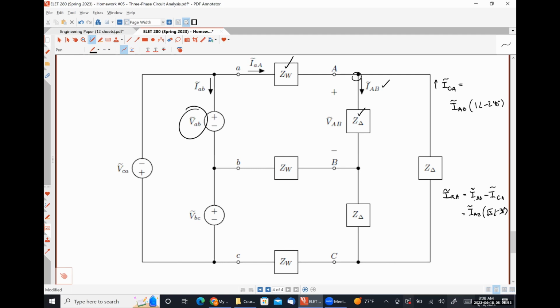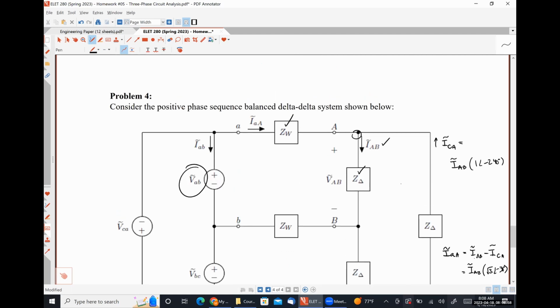So do the math, quite literally. If we have IAB times 1 minus 1 angle negative 240 degrees, put that in your calculator.